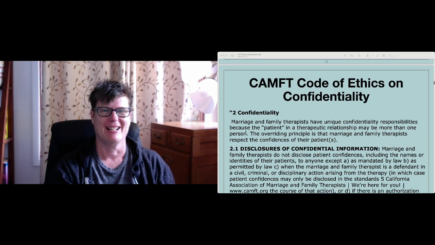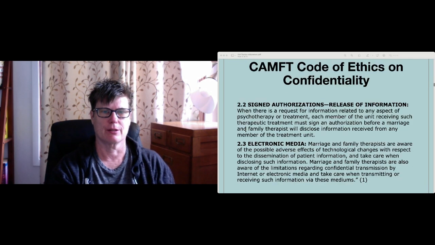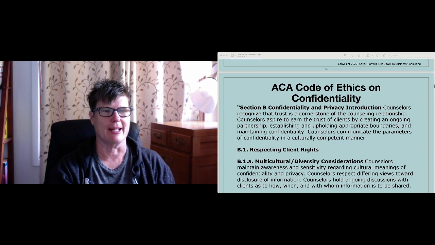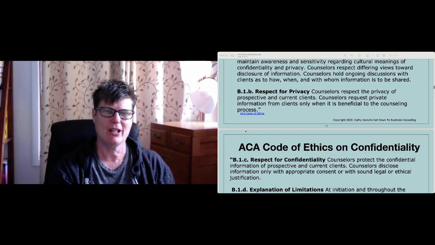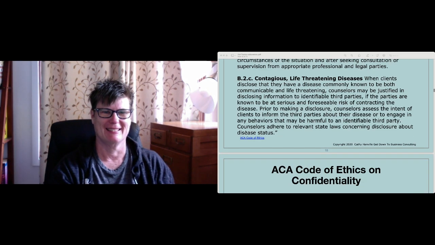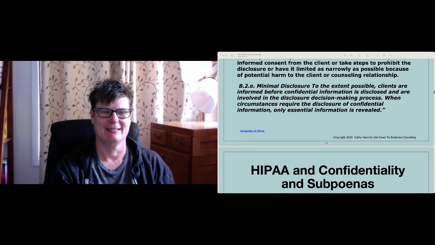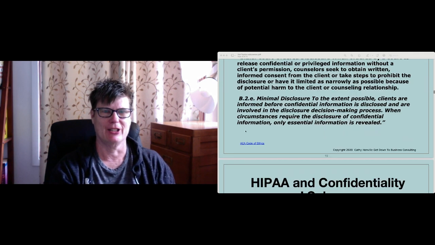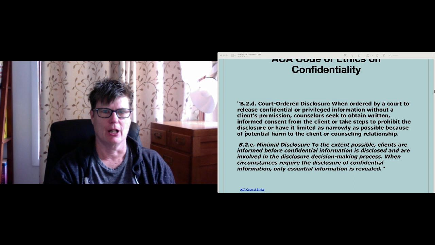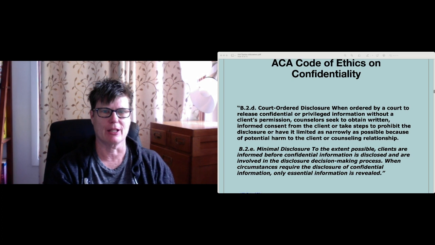And then there's CAMFT, which is a little less lengthy, and ACA, which is also a little bit lengthy. And you'll see on this last page here, they actually have something specific to court order disclosure.